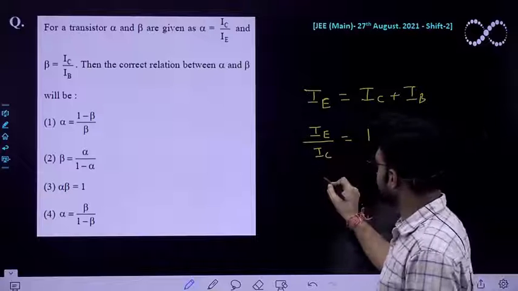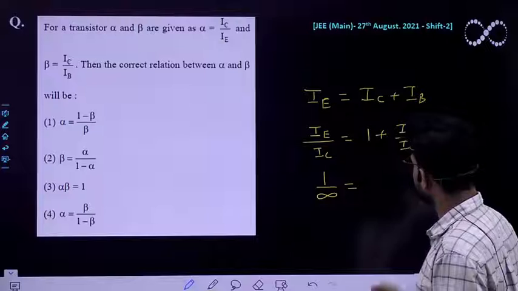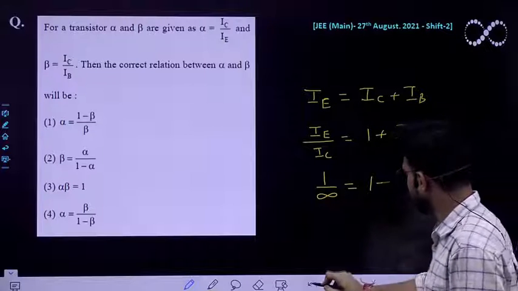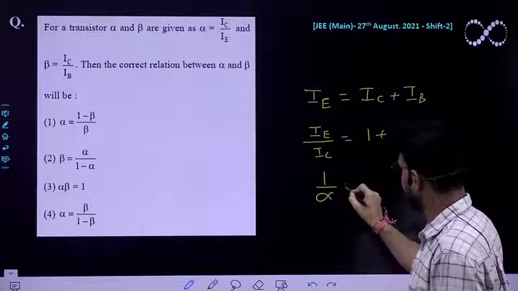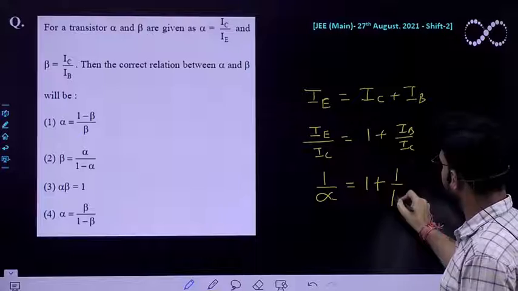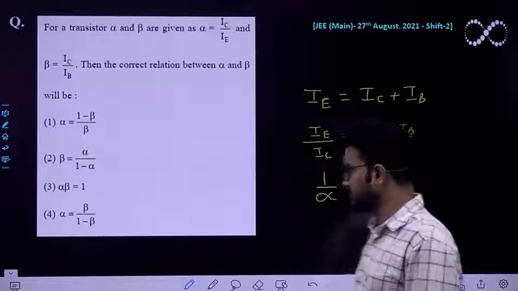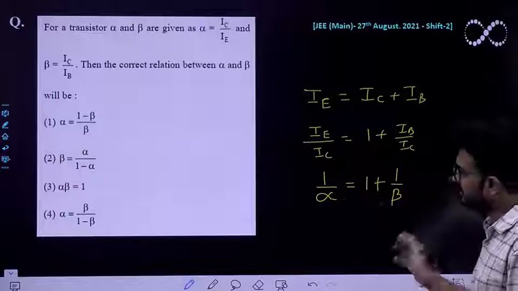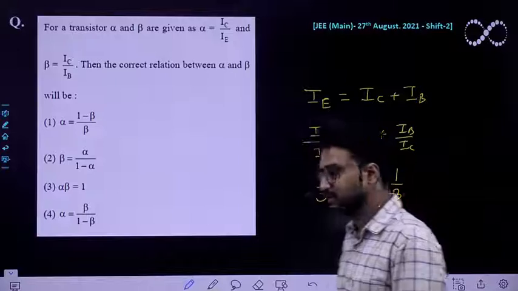So this is nothing but 1 upon alpha. It would be equivalent to 1 plus 1 upon beta, because the values of these two are already given to you. Now you have to solve this in order to find out which expression is correct.